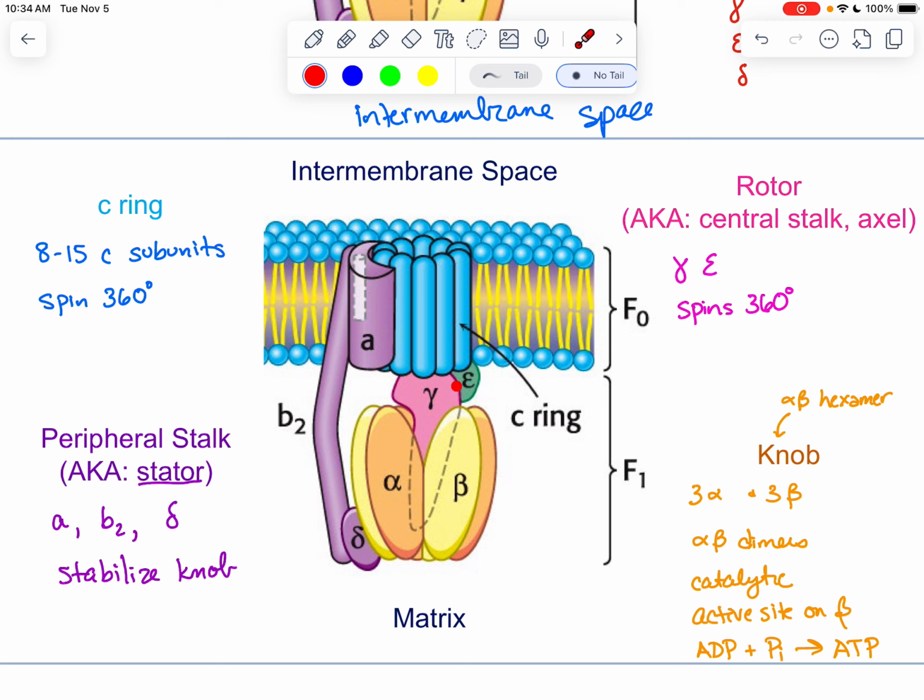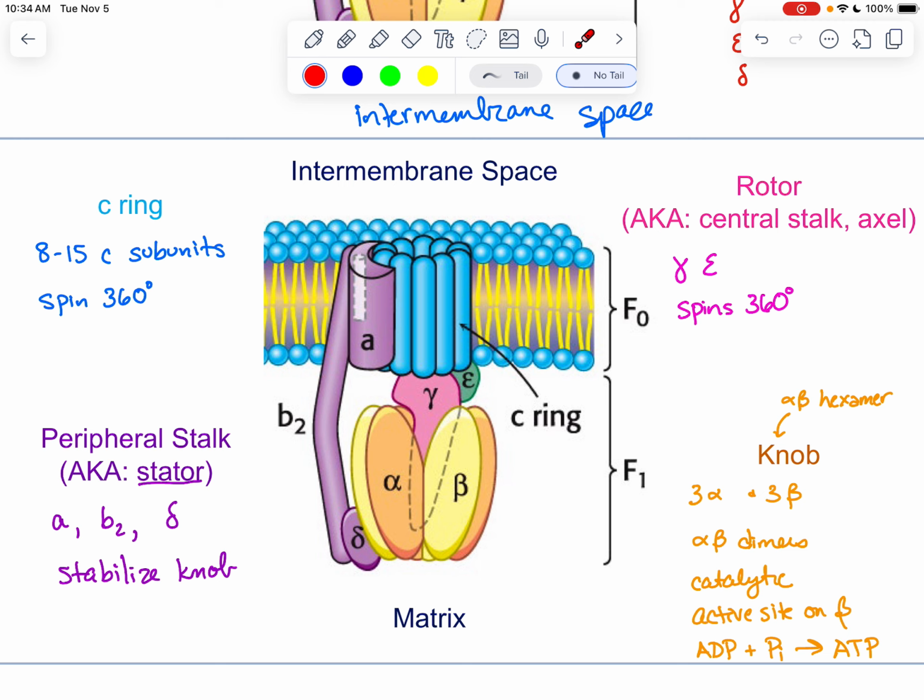So the central stalk spins in kind of 120-degree jolts. Instead of a smooth spinning motion, it's jump, jump, jump all the way around. All right, so that's the parts, the structure, the functionality.